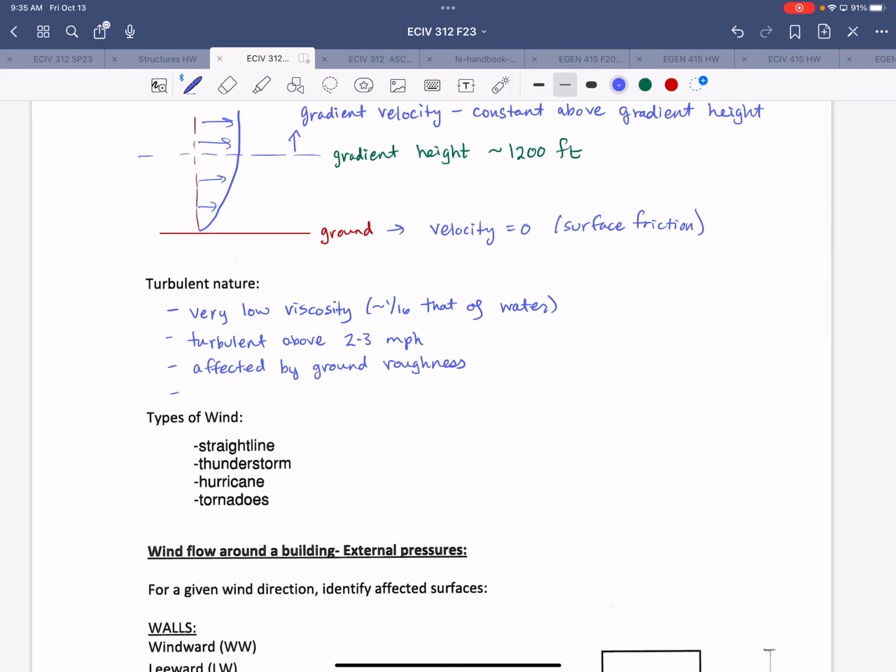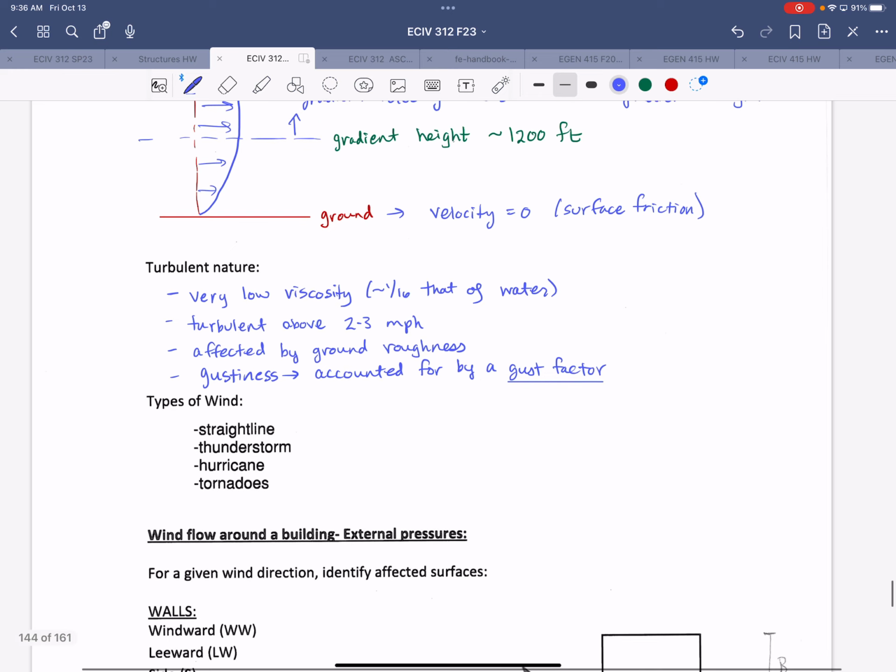And we account for that in our static analyses by using a gust effect factor. We'll define that gust factor later on in the wind loads lectures.